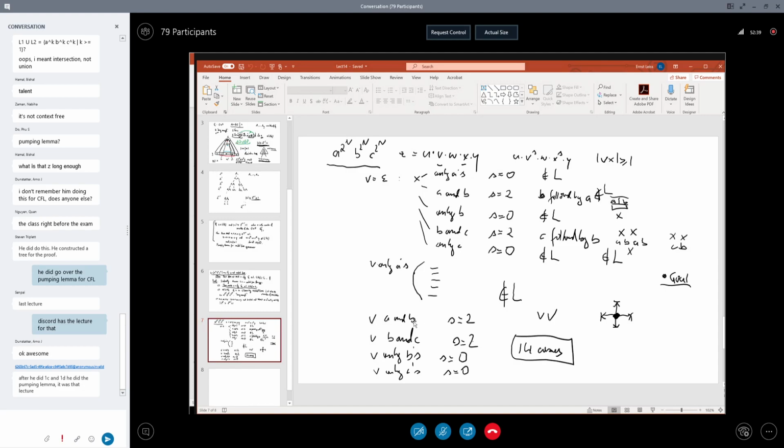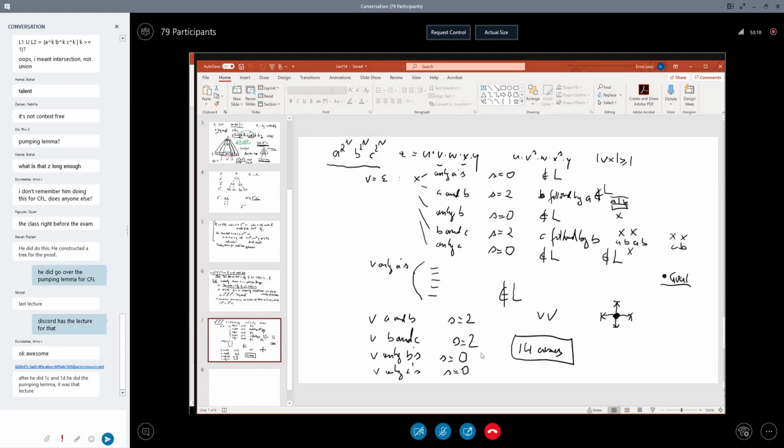If V contains A's and B's, then we don't really have to mess with the X, because just taking S equal to 2 is going to give us immediately a contradiction. Same thing if V contains B's and C's, S equal to 2. And if V consists only of B's or only of C's, then we can simply set S to 0, and that means we have not enough B's and not enough C's.